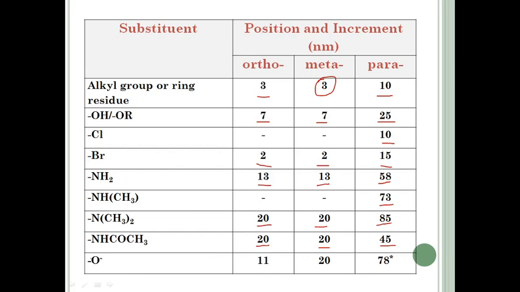And for the case of O minus, oxygen having a negative charge, as in phenol to phenoxide ion, if such an environment is present as a substituent, at ortho position you have to give 11 nanometer, at meta position 20 nanometer, and at para position 78 nanometer.